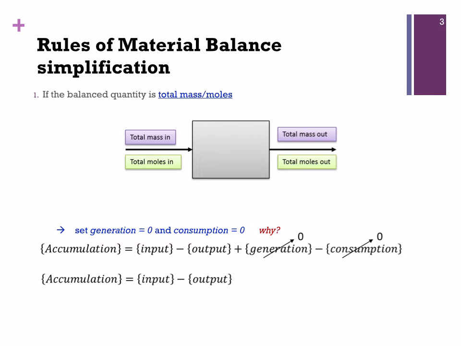Therefore, for this simplification, we can assume that the generation of mass as a total is 0, and the consumption of mass is 0. Therefore, we can eliminate these two from the general mass balance equation. The final equation you will get is accumulation equals input minus output. This is the total accumulation equals the total mass or mole input minus the total mass or mole output.